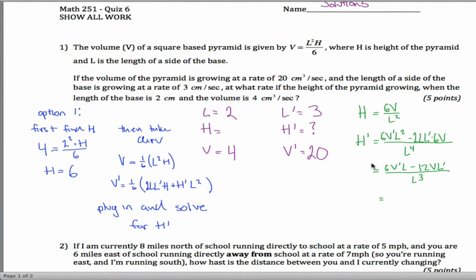And plug everything in, you get H prime equals 6 times V prime, 20, times L, which is 2, minus 12 times V, which is 4, times L prime, which is 3, divided by L cubed. L is 2, 2 cubed is 8. Let's see. 40 times 6 is 240. 12 times 12 is 144.